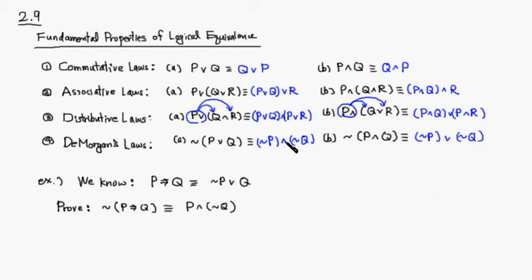So the use of these fundamental properties is this. Here's a good example. Let's say that you want to prove that not (P implies Q) is logically equivalent to P and not Q. Let's say we already know from the previous section that P implies Q is logically equivalent to not P or Q. We verified it by truth table, so we believe that they are logically equivalent.